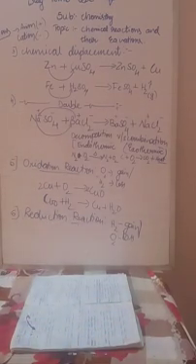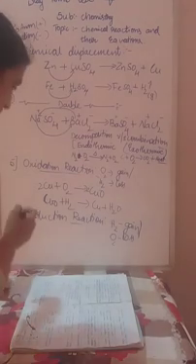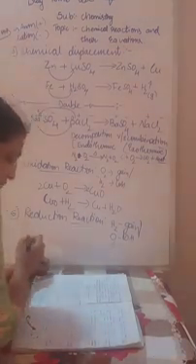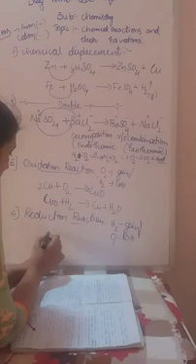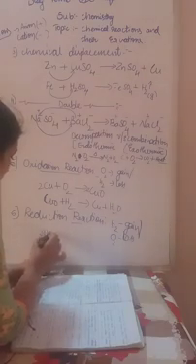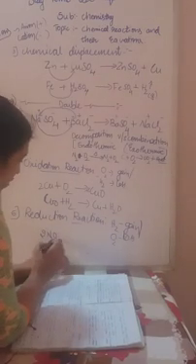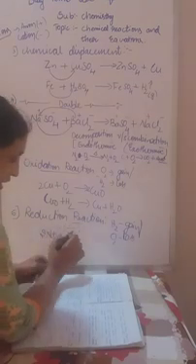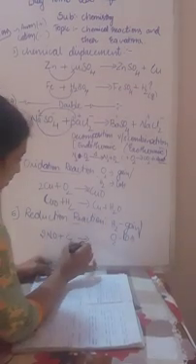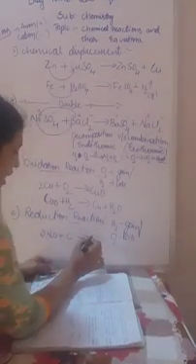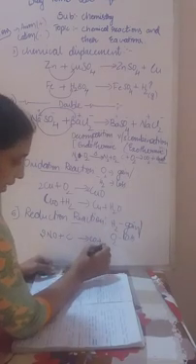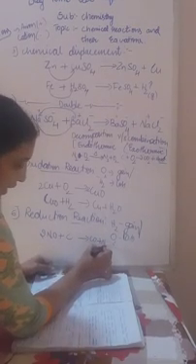Keep in mind which is gain and which is loss. For example, take 2NO. NO means nitric oxide. It combines with carbon and forms CO, carbon monoxide, plus N2.